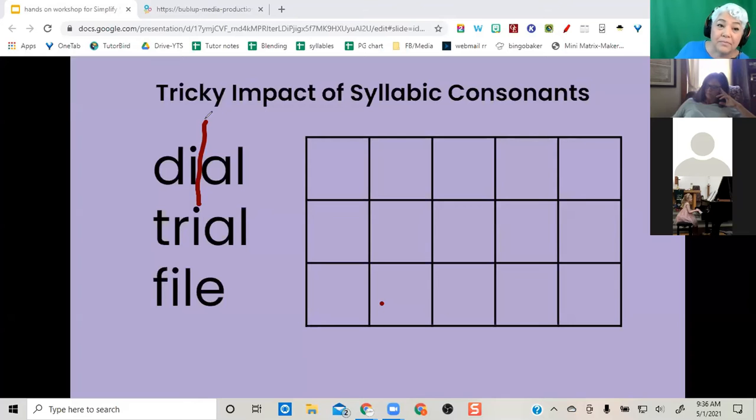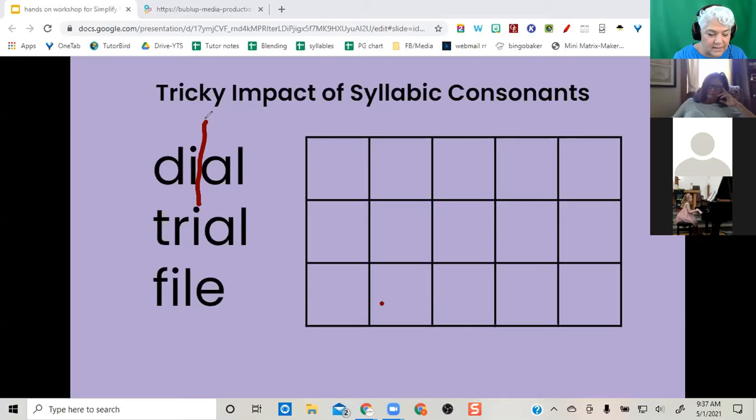Oh, I read the word. Remember, when we go to decode, the objective is to connect these symbols to a word that's in your lexicon, in your memory. So long as you can do that, how you get there is really not worth fighting over. Okay, so I can say die-oh.